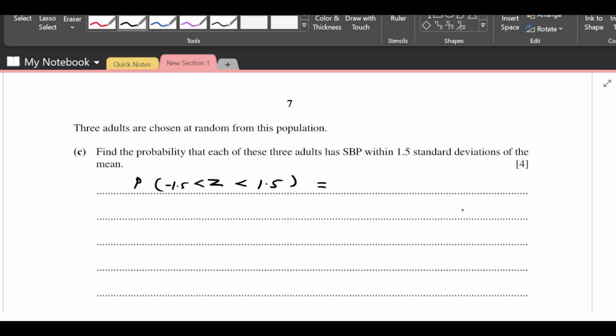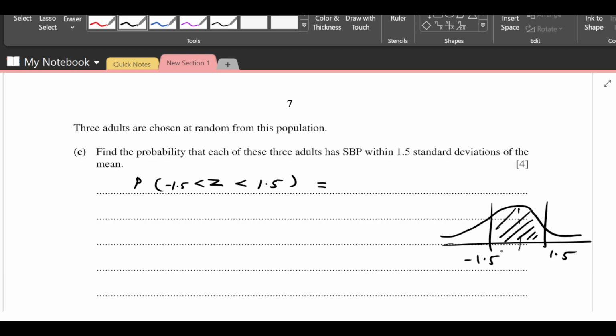If you see this particular diagram, you have to find the value between these, here it is 1.5 and here minus 1.5.